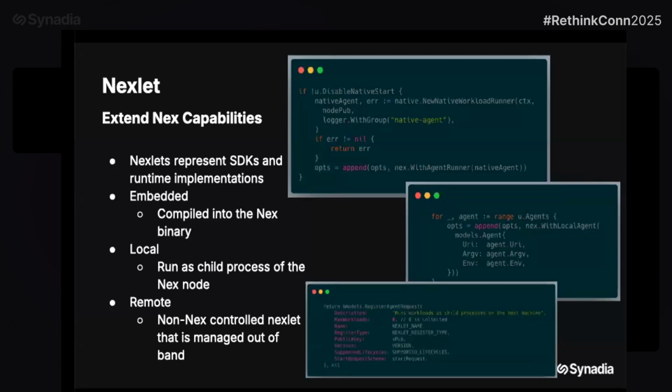You can compile it in, it makes a single deployable unit. So that means you can take that node with that Nexlet, single binary, put it wherever you want. That really helps with ease, and that's how I deploy it in my home lab just to make my life easier. However, that limits you to Go, and that does not embrace flexibility.